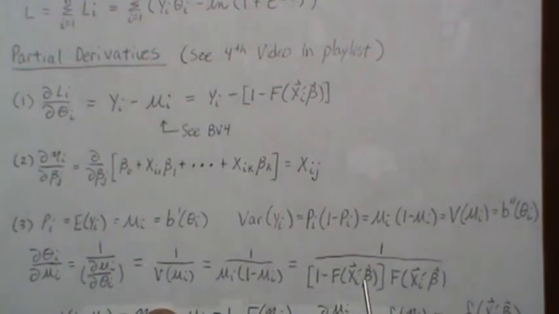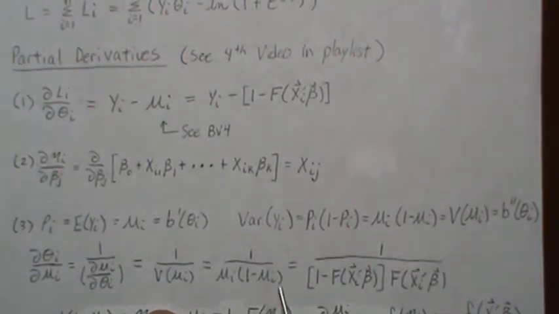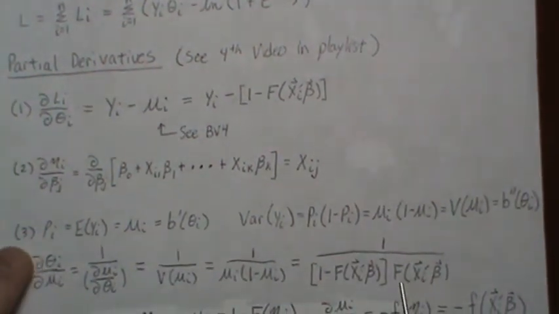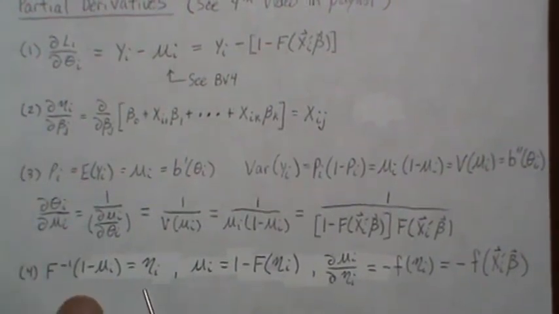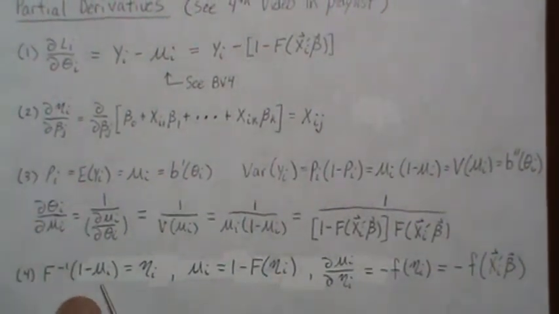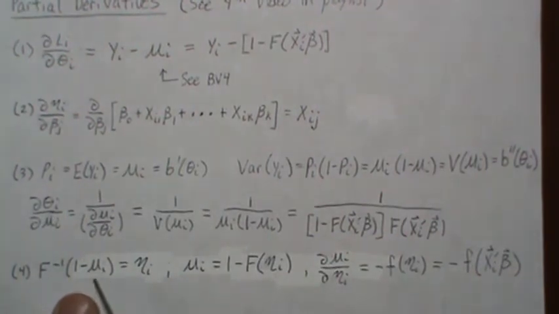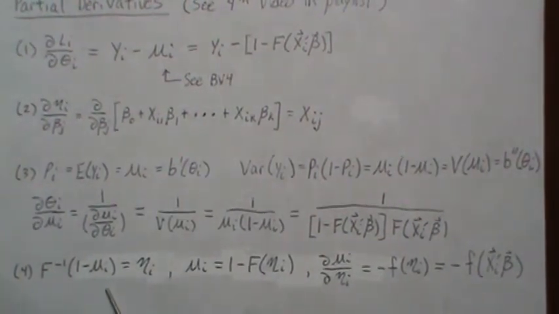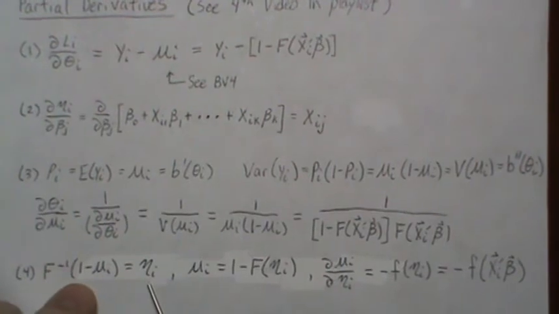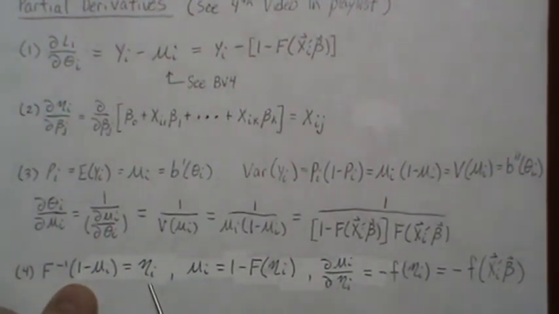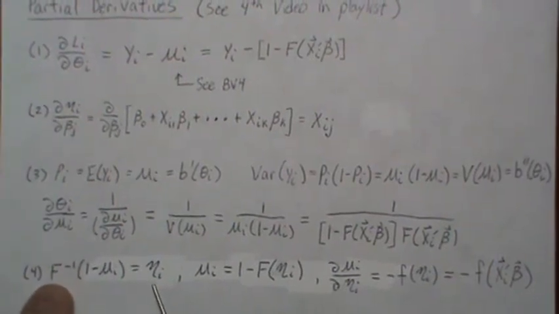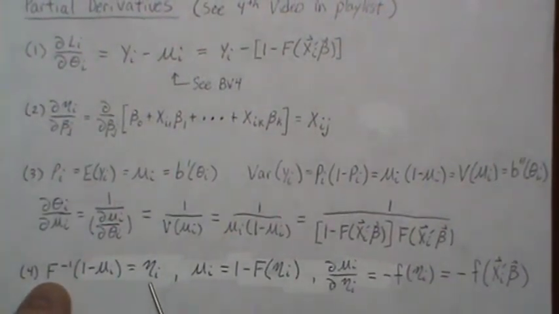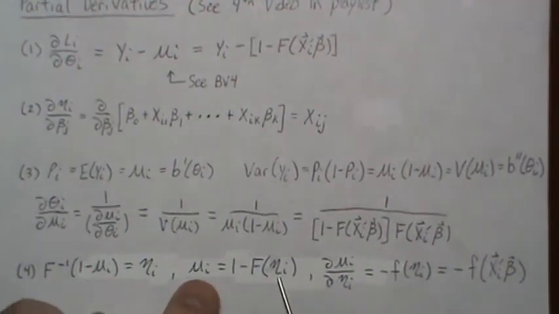but we said mu I was 1 minus F, and that makes 1 minus mu I just capital F, the CDF, and that's the Gumbel distribution. Now, F inverse of 1 minus mu, and actually that's the complement in the complementary log, we're saying that's a linear combination of our covariates, right? But we can take F to both sides and then solve for mu I, and we get this.